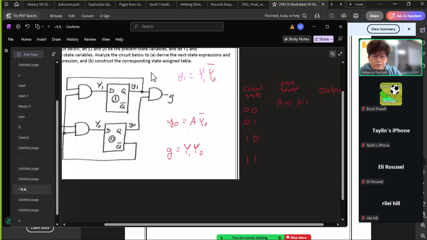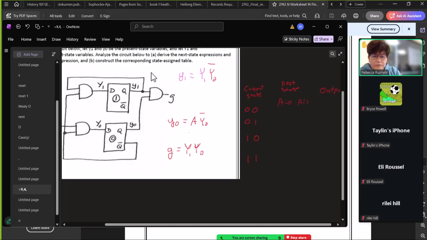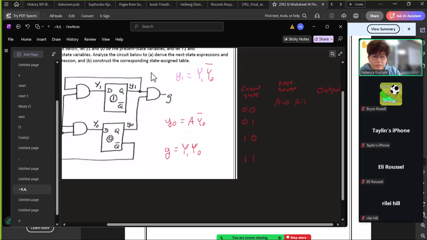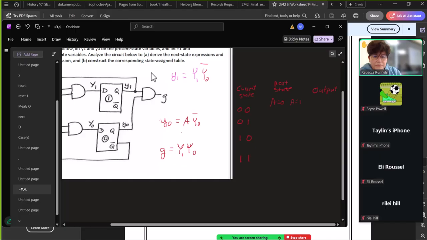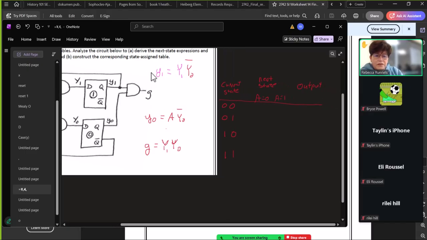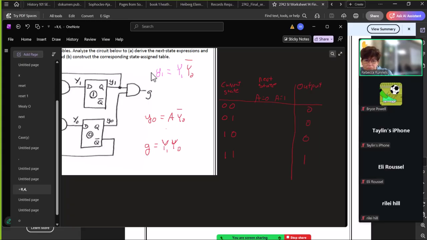But X goes straight into it. Okay, so my output is the AND of these two. So it'd be 0, 0, 0, and 1. Wait, is this Mealy or Moore? This is Moore.